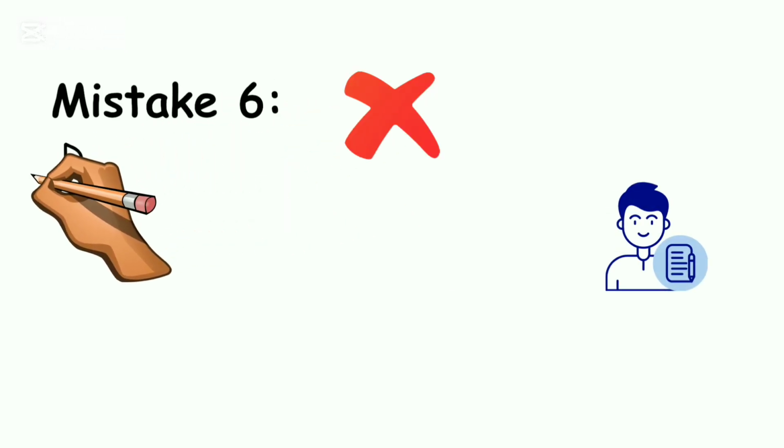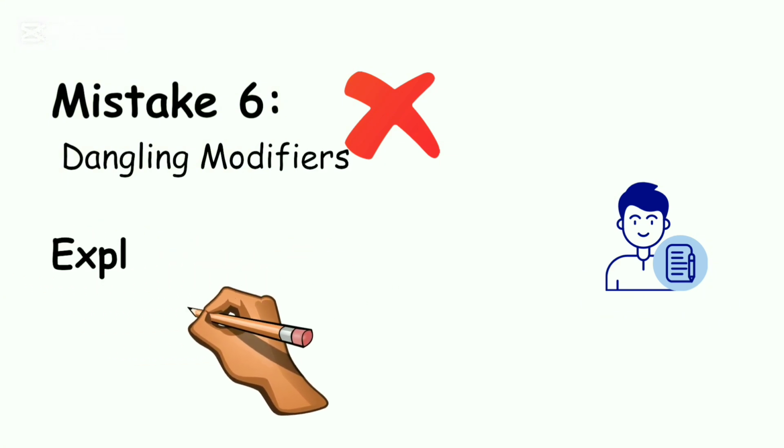Dangling modifiers are another tricky mistake. This happens when the subject of the sentence isn't clear.